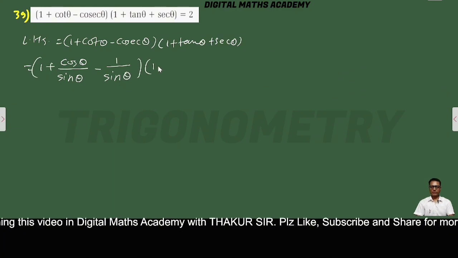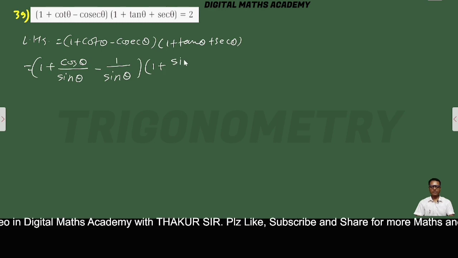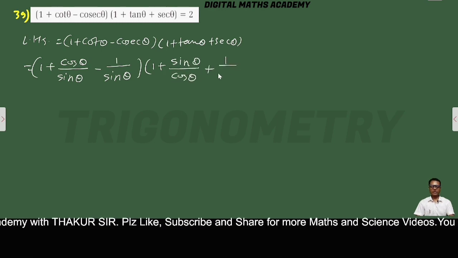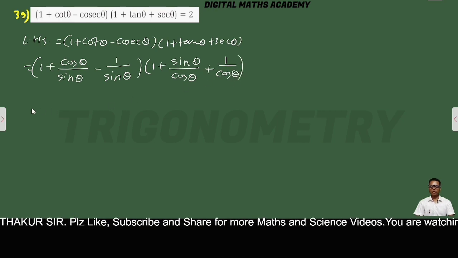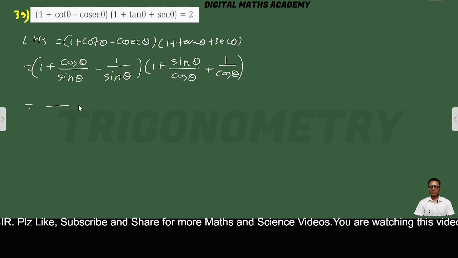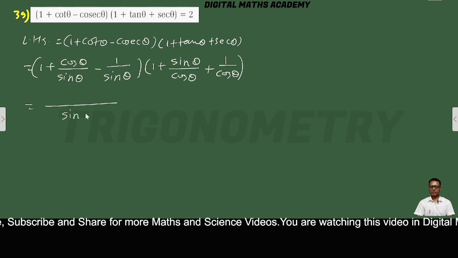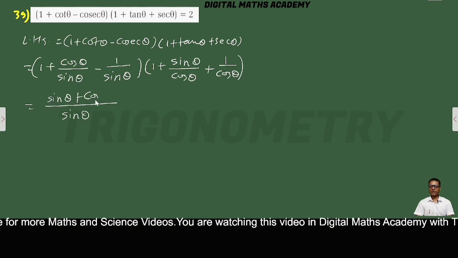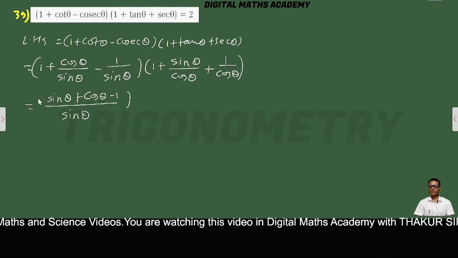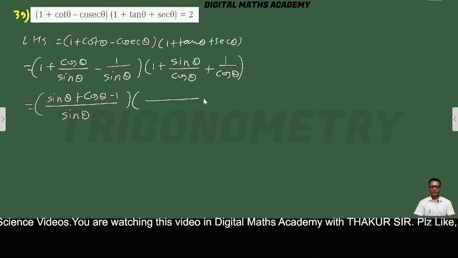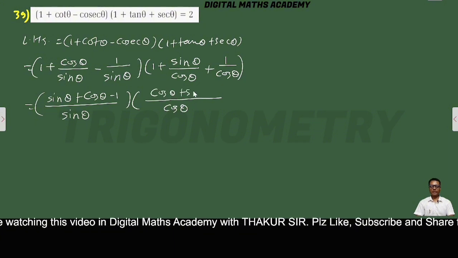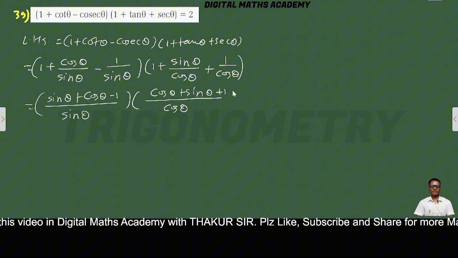Next factor, 1 plus tan as sin θ by cos θ plus 1 by cos θ. So now we are going to take LCM. LCM is sin θ, then we have sin θ plus cos θ minus 1. Next factor we have cos θ, then cos θ plus sin θ plus 1.